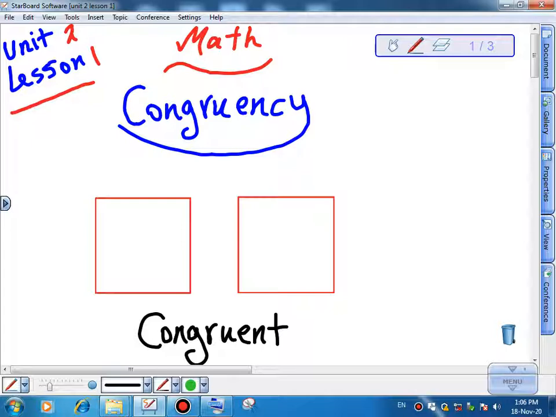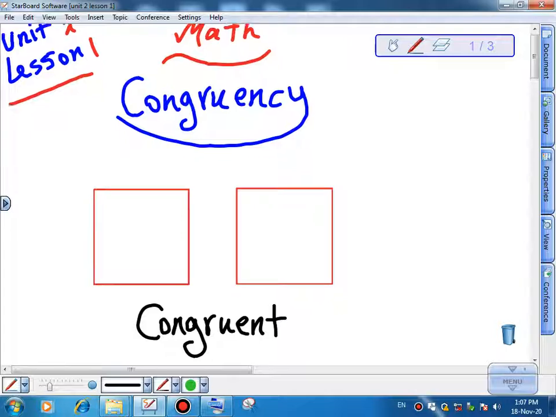You will see these sides are similar to this side, they are equal: all sides, all vertices, all angles look equal.